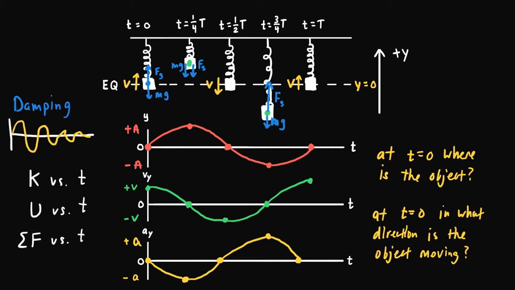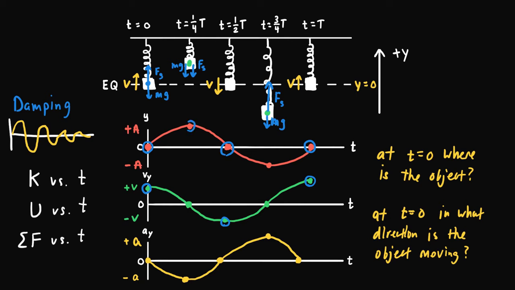I know that the object moves fastest at equilibrium. So everywhere in my position versus time graph where I see that the object is at equilibrium, I better have a velocity, or a speed at least, that is a maximum value, whether it be positive or negative, and that's what we see. I also know that the acceleration is going to be the biggest when the object is at its maximum displacement from equilibrium.